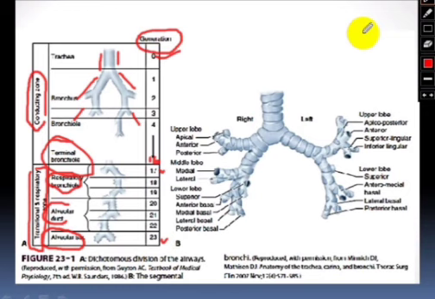Now, the division doesn't stop there. The terminal bronchioles will further divide into right and left branches, forming the respiratory bronchioles.